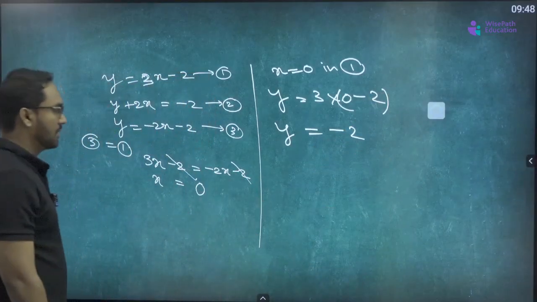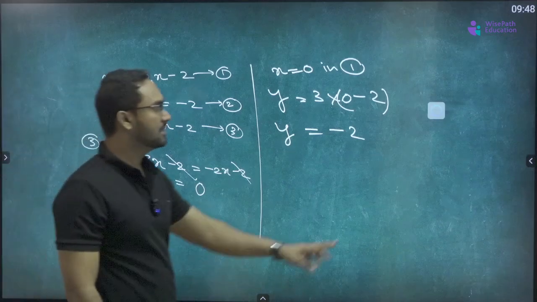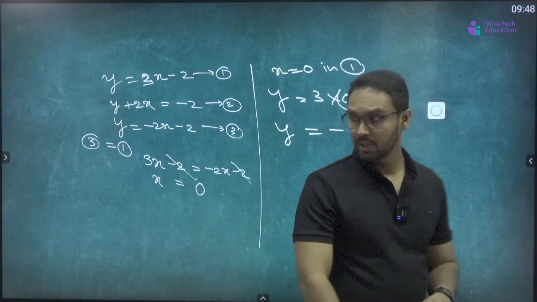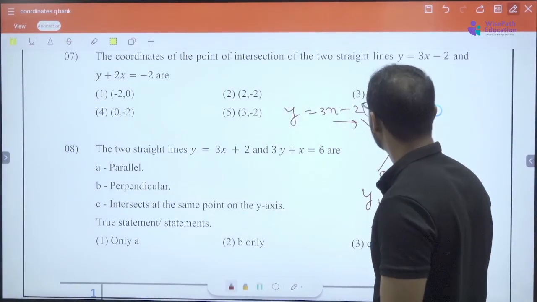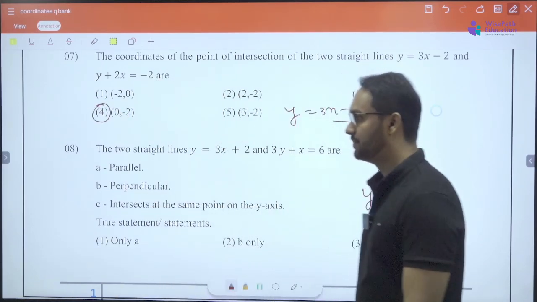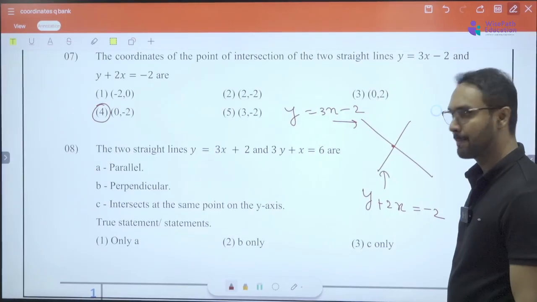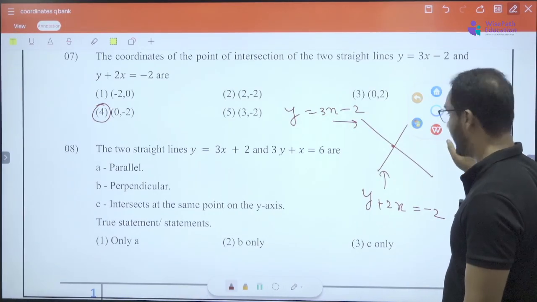So the coordinates of the intersect should be 0 and minus 2, right? 0 and minus 2. Answer is 4, right? Good.